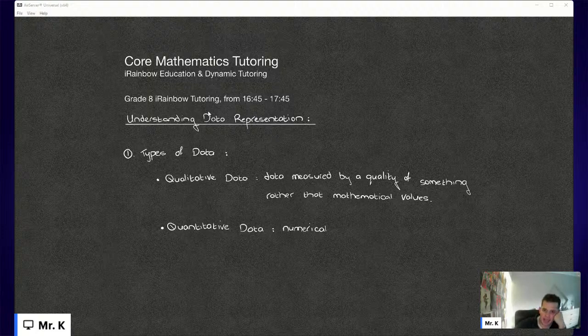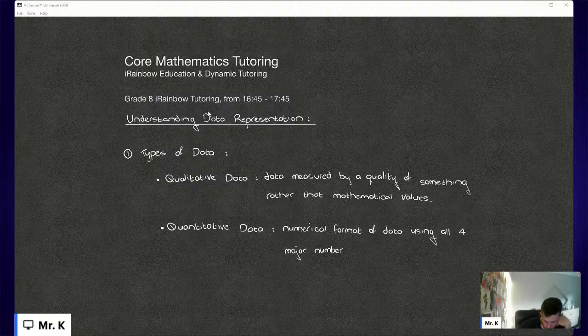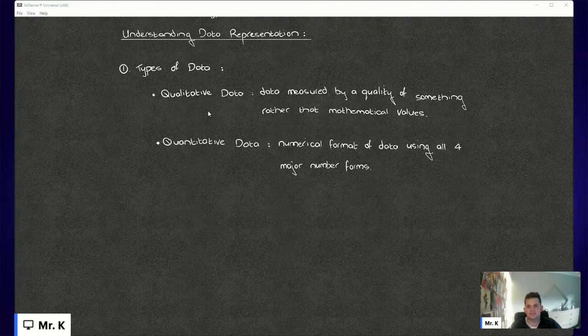It is a numerical format of data, using all 4 major number forms. So we talk about using percentages, whole numbers, decimals, and fractions. All of those are examples of quantitative data.